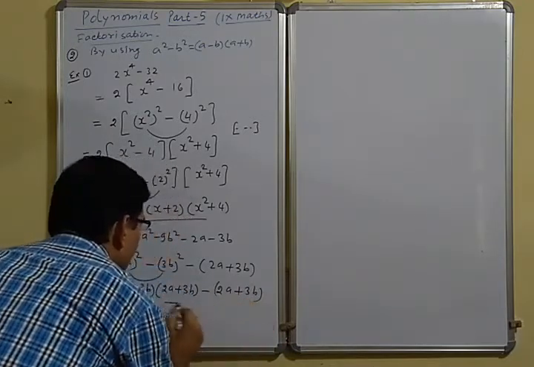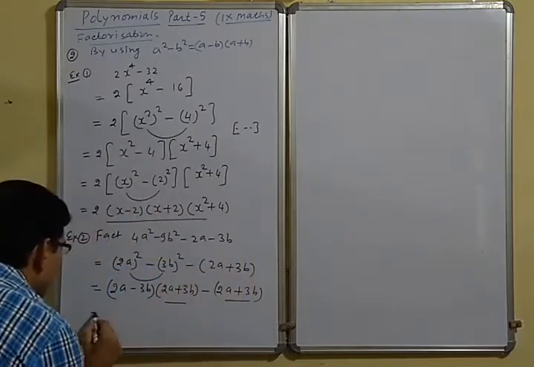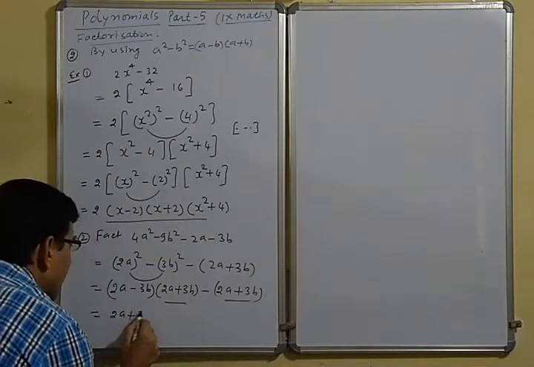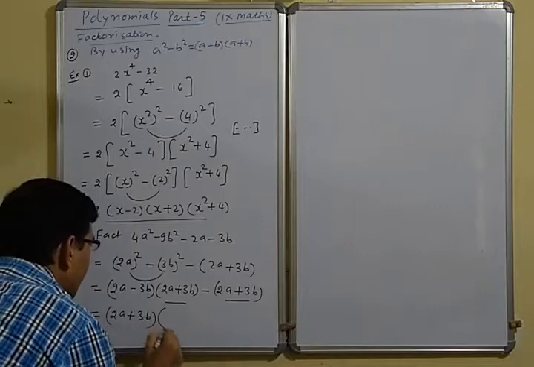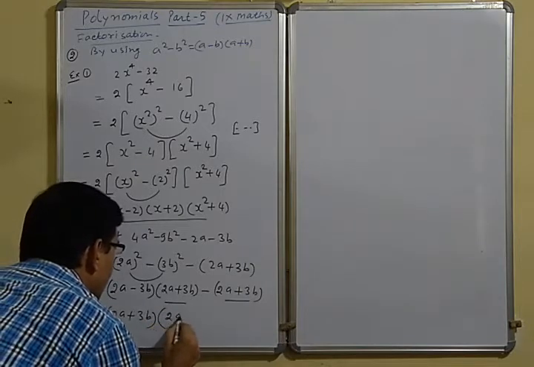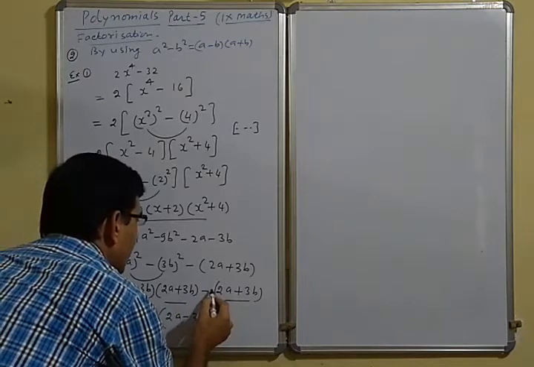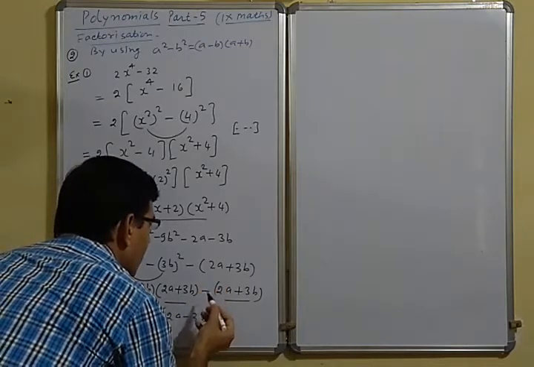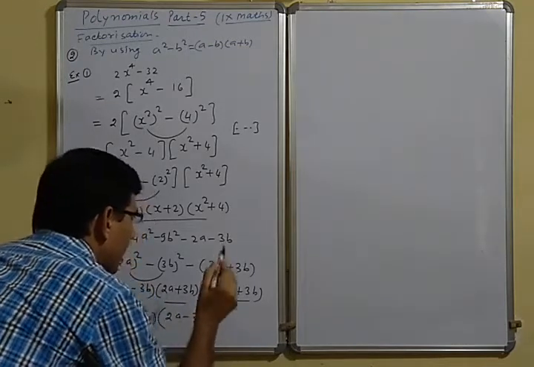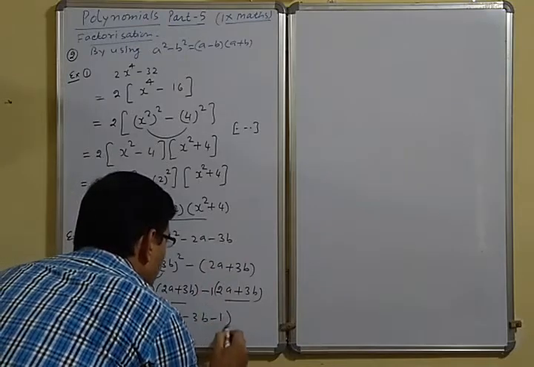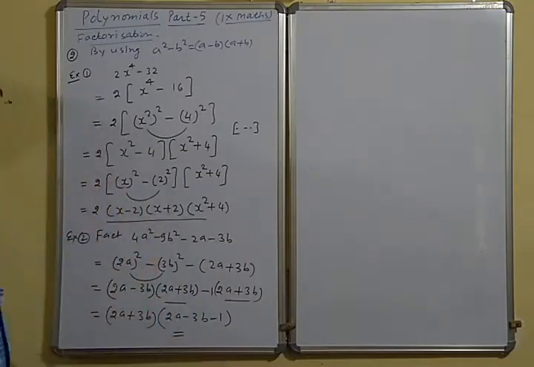And here the common factor is 2a plus 3b. So we will take common 2a plus 3b. In the bracket what will we get? 2a minus 3b. And here no constant is there, so we can write 1. So this becomes minus 1. So this is the factorization of this question.